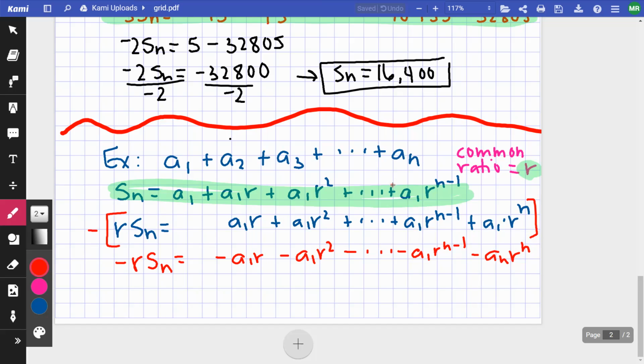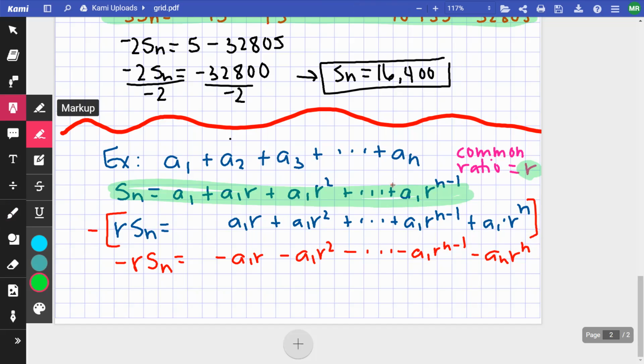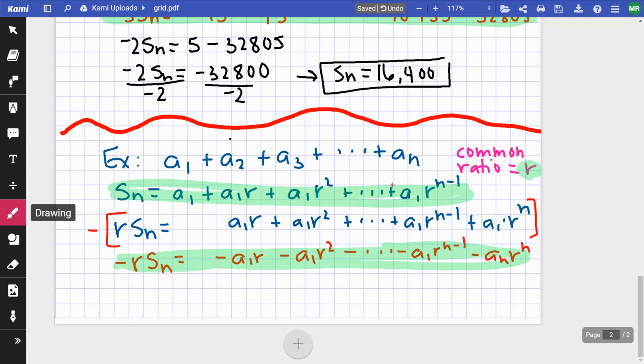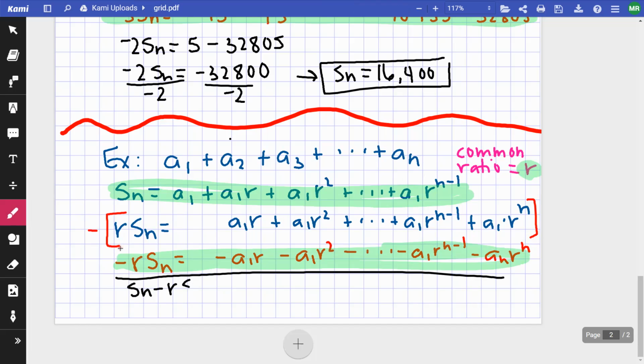So now when I'm taking this top green one and this bottom green one and combining them, what is going to happen is the following. When I take s sub n minus r s sub n, I'm going to get an s sub n minus r s sub n, and I'm going to clean that up in a second.